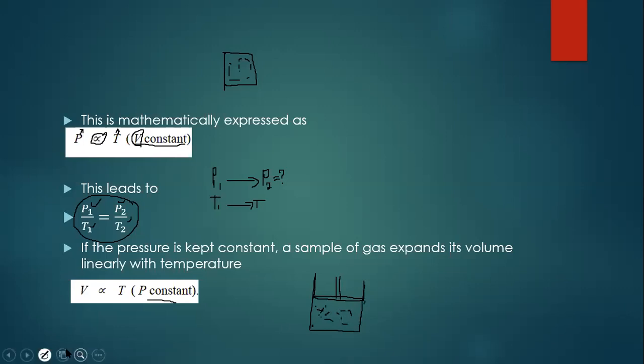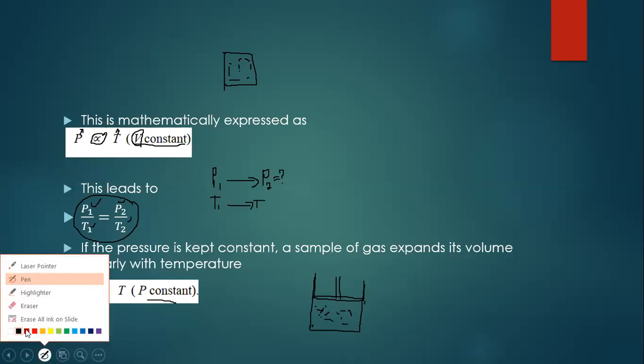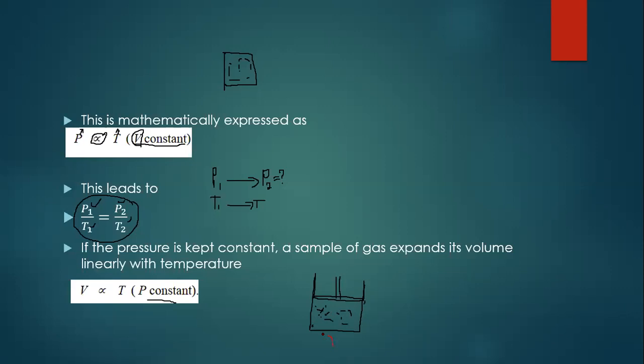If you introduce some heat here, if you increase the temperature, what will happen? You discover that the volume will increase. So if this was volume 1, when you increase the temperature, the volume will go to volume 2.